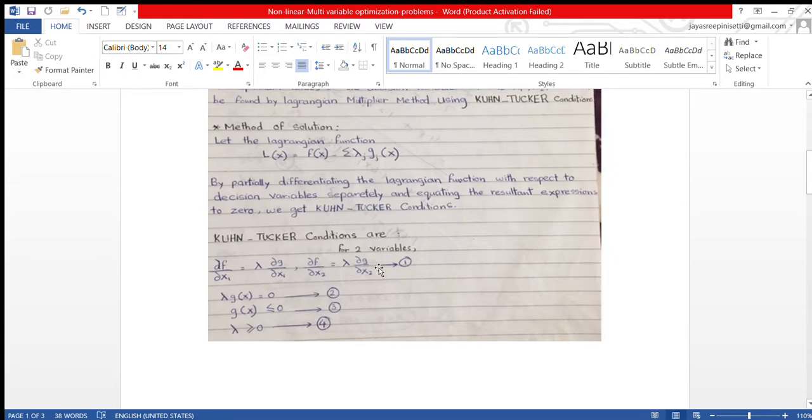So the equations must follow these three conditions. Lambda times g of x becomes 0, but g of x must be less than or equal to 0, and lambda must be greater than or equal to 0. Let us solve with an example.